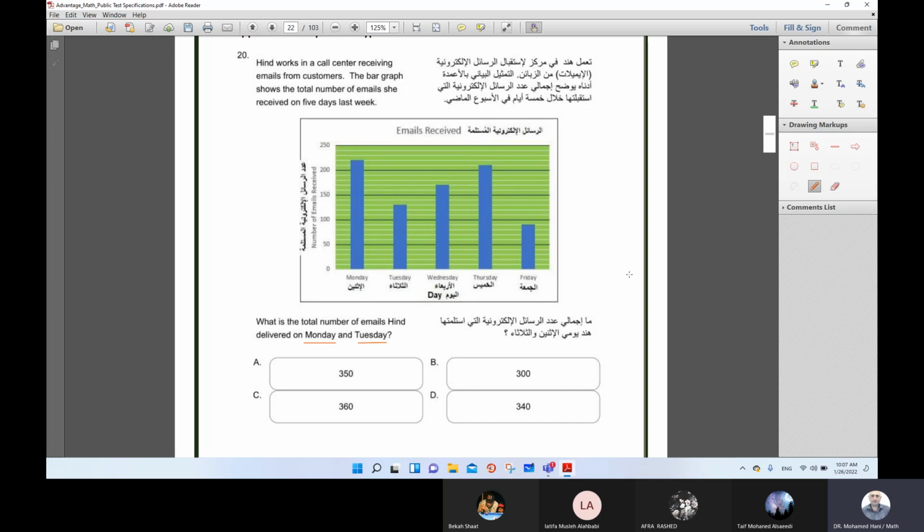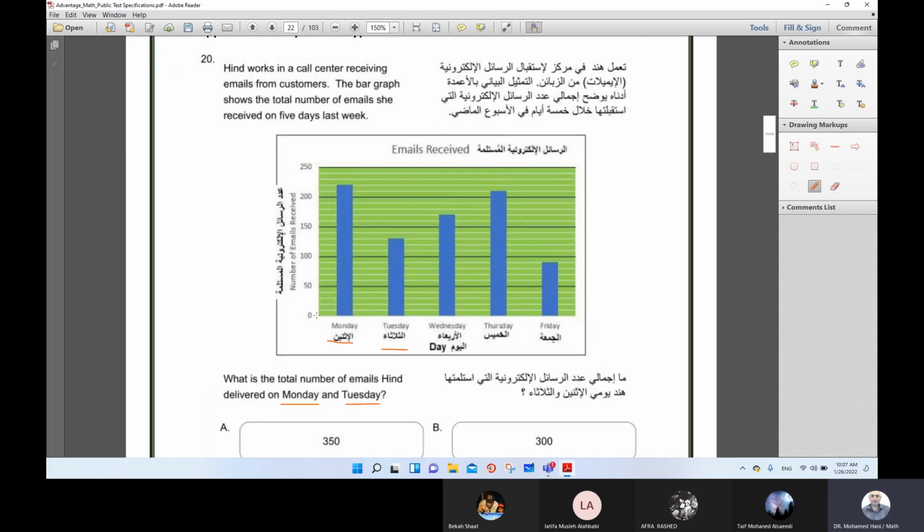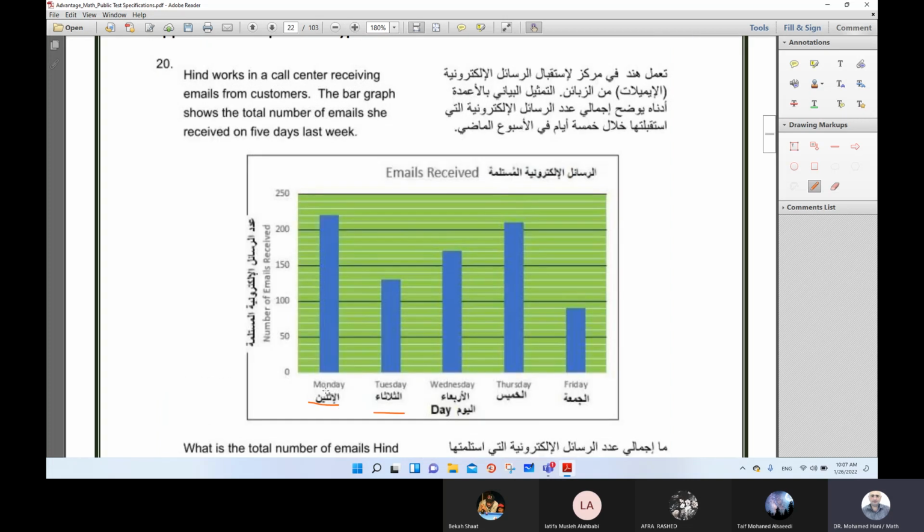Okay, who can tell me what is the answer here? We want on Monday and on Tuesday. As we see here on Monday, we have here 200, here 210, here 220.